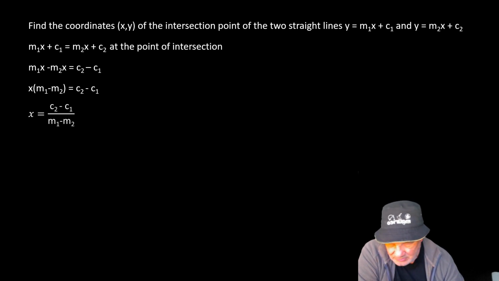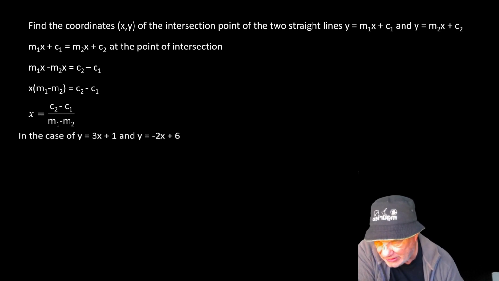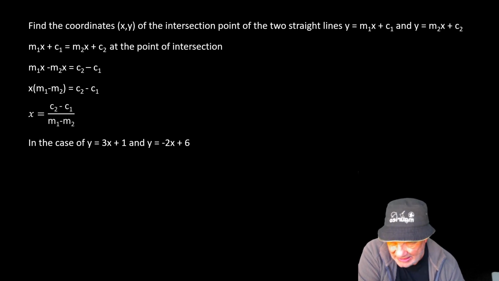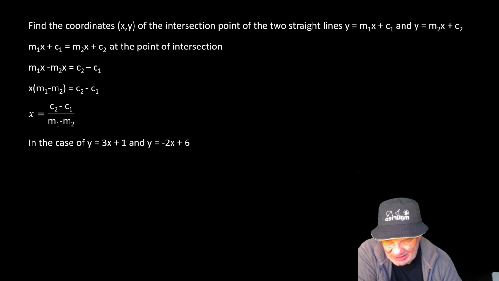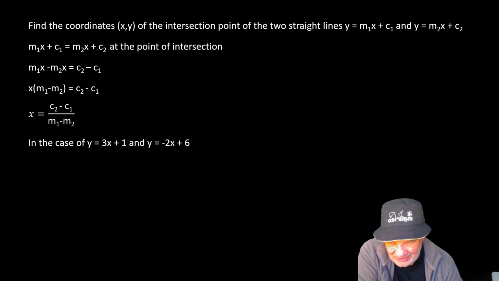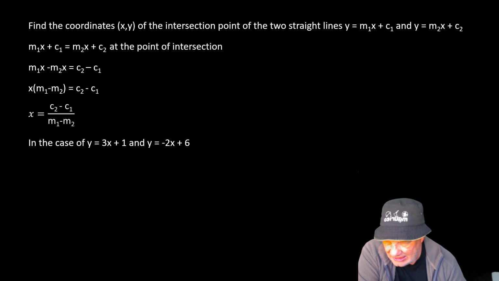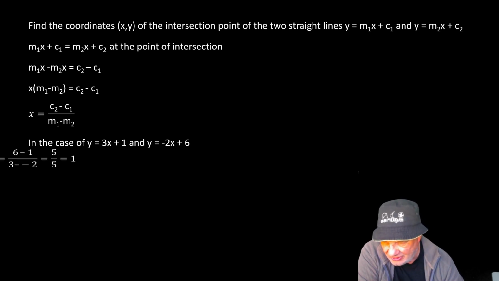Let's have a look at the specific case of our examples in our graph there, y = 3x + 1 and y = negative 2x + 6.